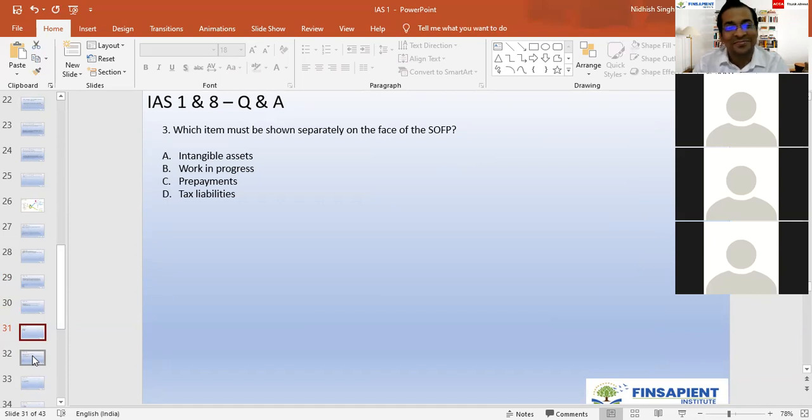Separately on the face of the SOFP, statement of financial position. Tax liability. Yeah. Assets, intangible assets. If you omit tax, that will be a regulatory breach as well. Because intangible assets may or may not be there, you don't have to show them.